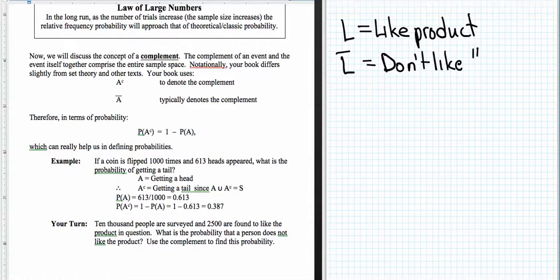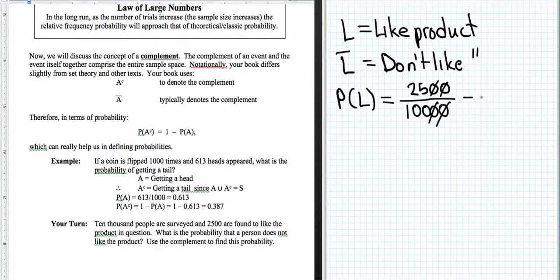And so now I'm going to say, okay, well, the probability of liking the product based upon relative frequency probability, right? If I have 10,000 people that were surveyed, that's my N, and 2,500 of them do indeed like the product, then I'm just going to simplify this down.